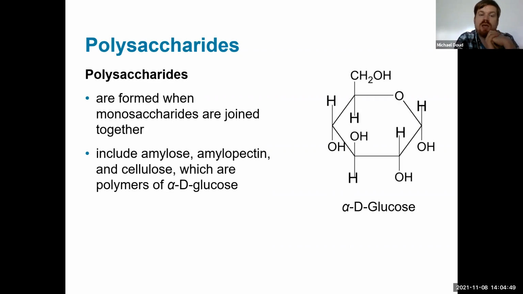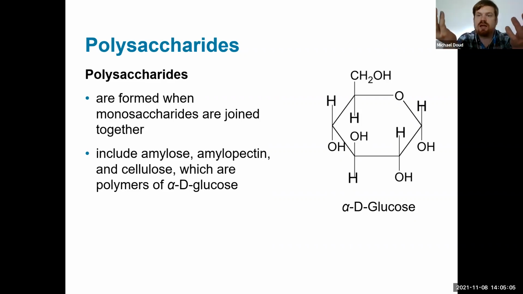Some of the ones that you may have heard of before would be cellulose, amylose, and amylopectin. These are all actually polymers of alpha D-glucose. So alpha D-glucose, again, is super important for us to be able to process energy.